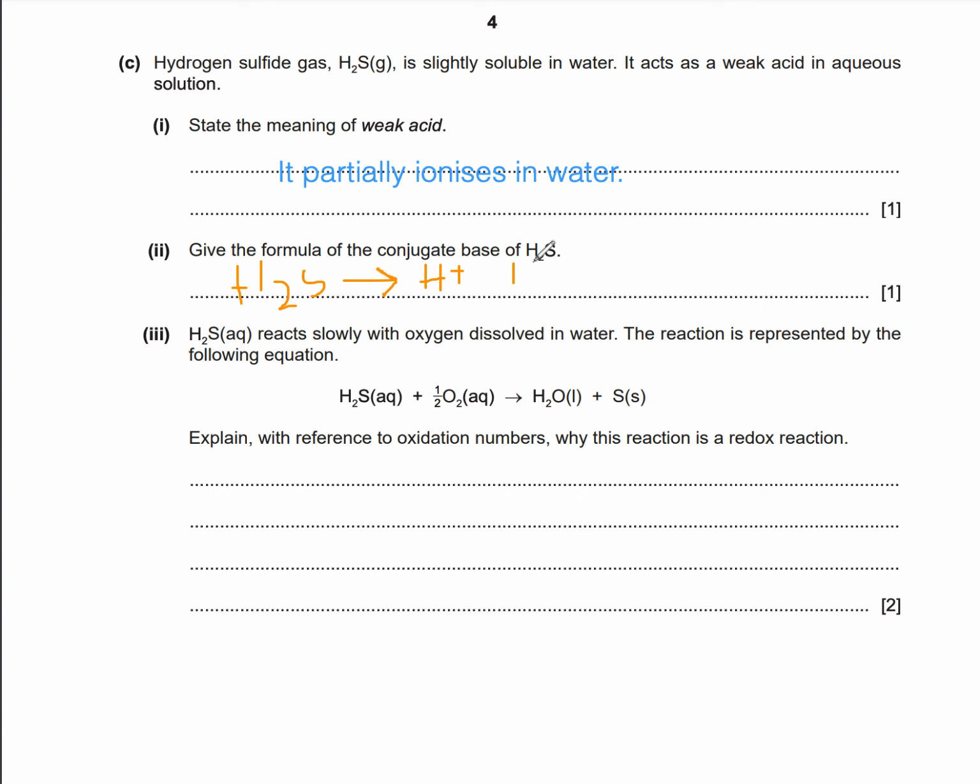So we are left with HS minus ion, plus H positive ion. Now we know that this is the acid, right? So we know that the other one would be the conjugate base. So this HS minus, that's the conjugate base.